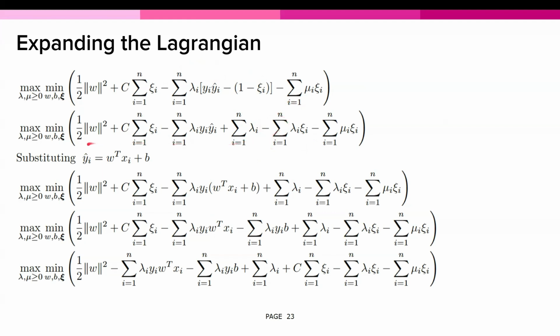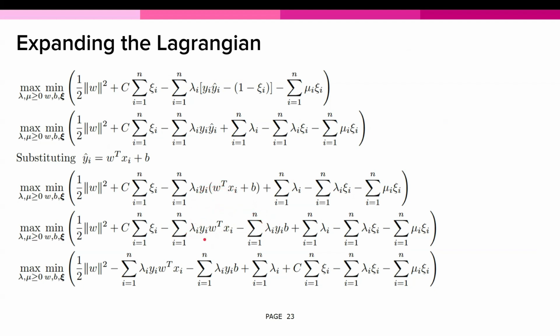All right, and so after expanding, then we can substitute in the expression for the linear predictor y hat, which is w transpose x plus b. And then we'll be able to sub that in there to get this third line. And so, all right, now we can expand that into these two terms here.